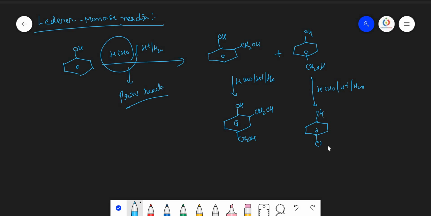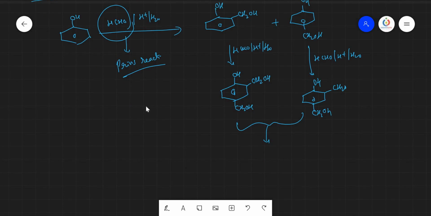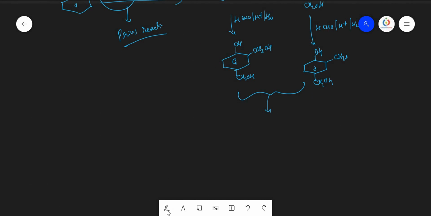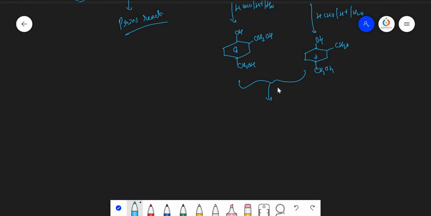Now both the products are same. So again these compounds react with formaldehyde in the presence of H plus and H2O, because in both the compounds only this ortho position is vacant, so they get the same product now.